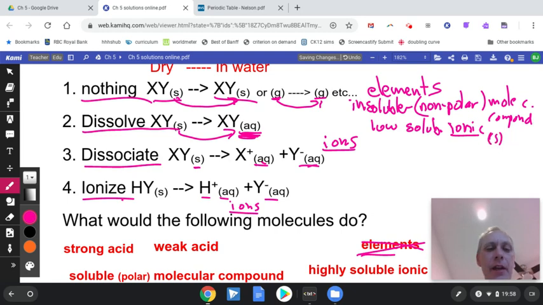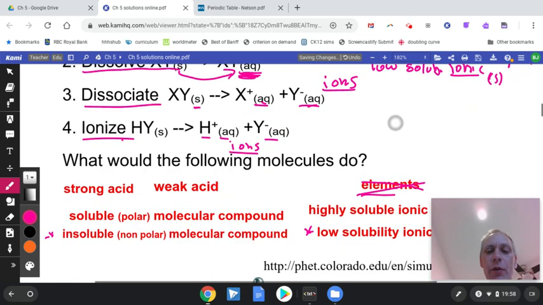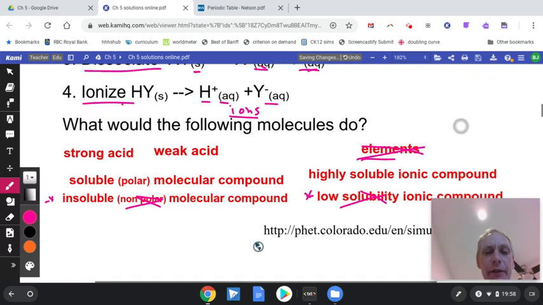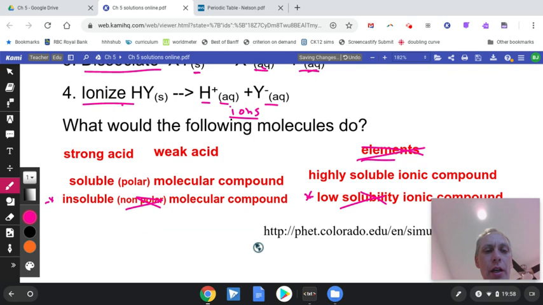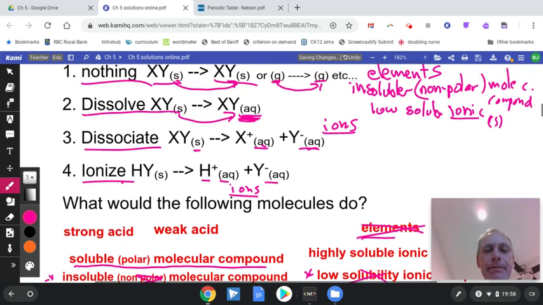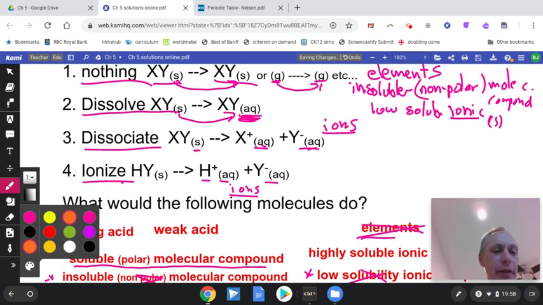Okay. Dissolve. So which of these dissolve? Those are gone. We have 4 left. Which ones dissolve? But they don't do anything else. And the answer would be soluble polar molecular compounds. Let's change our color up here.